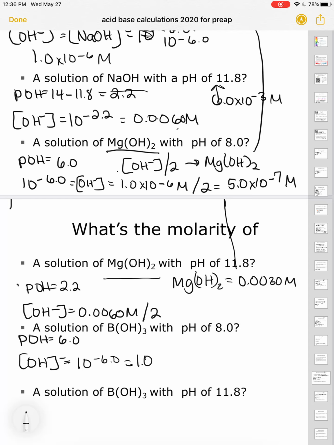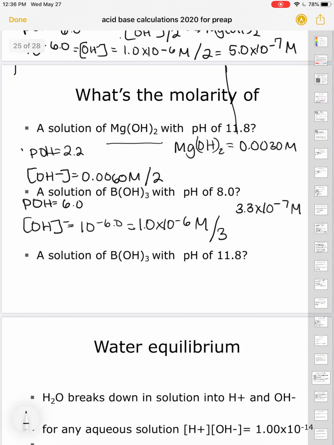I don't know why I struggled with that. So this again is 3 times as concentrated as our original solution. We're getting 3 hydroxides for every boron trihydroxide, so I'm going to have to take this molarity and divide it by 3. That gets me 3.3 times 10 to the negative 7 molar.